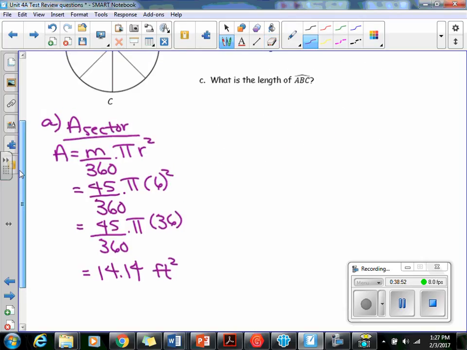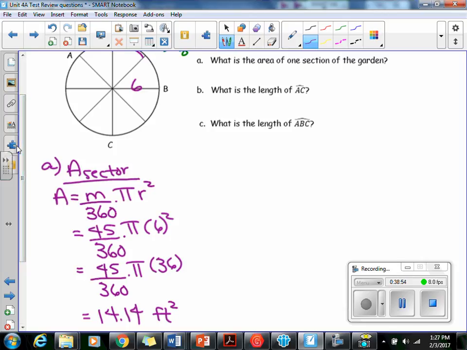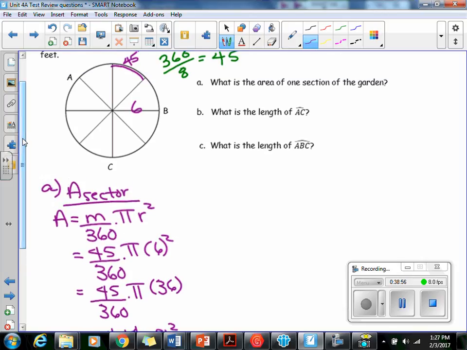All right, for part B, it asks for the length of arc AC. So let's look at arc AC. AC starts here at A, and it goes around the circle to point C. I'm just highlighting it to make it easy for you to see.